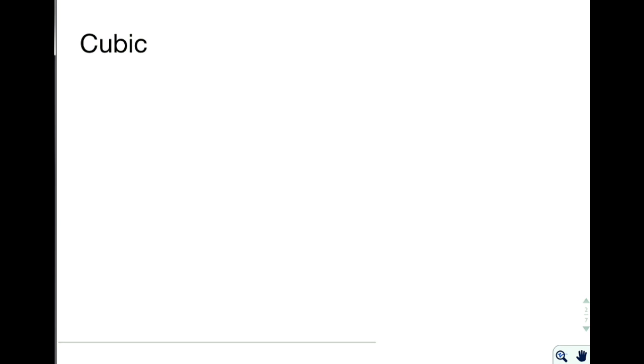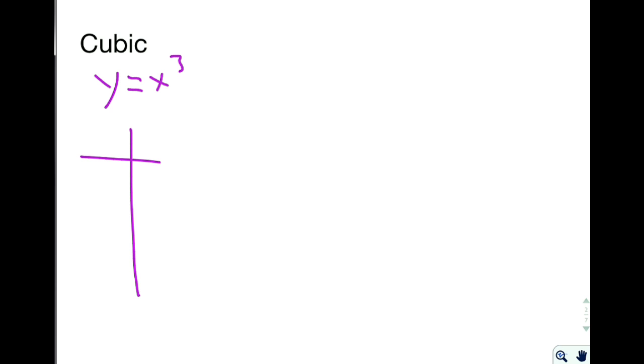A cubic function. So if you think of our parabola being y equals x squared, a cubic function is y equals x to the third power, or x cubed. If we make a quick t-chart here, we can go back to our normal use of negative numbers, which is just fine. And you take -2 to the third power. -2 times -2 is +4, times -2 one more time is going to be -8.